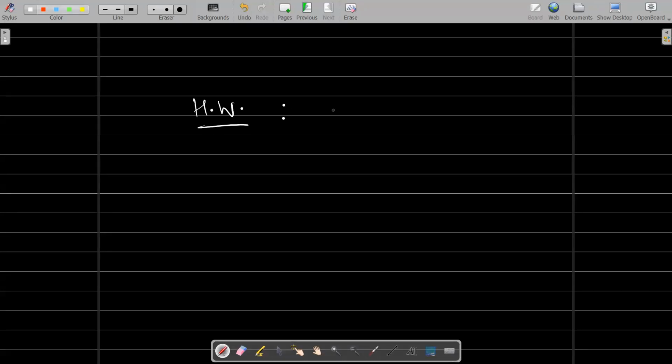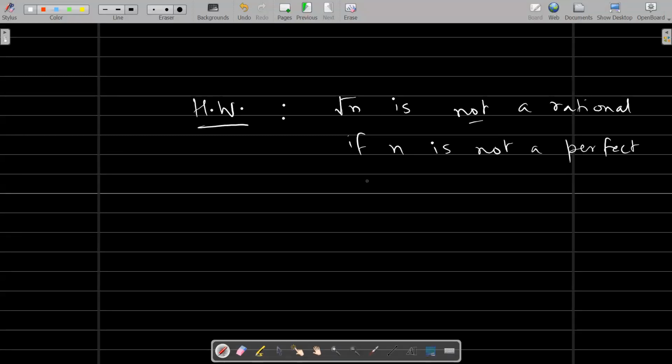Root n is not rational if n is not a perfect square. Okay. So now you have an idea of how to prove this, right?